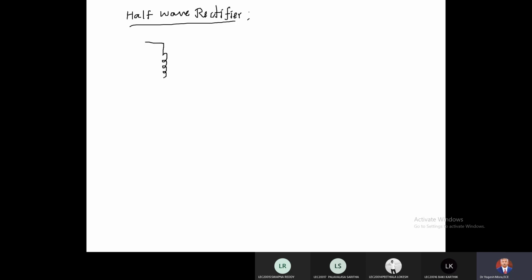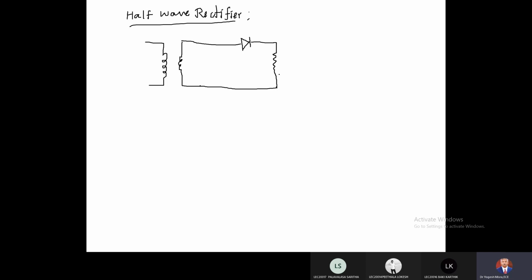Here we have one transformer, a step down transformer, right? Here we will connect one diode, and here we will connect one load resistor RL.